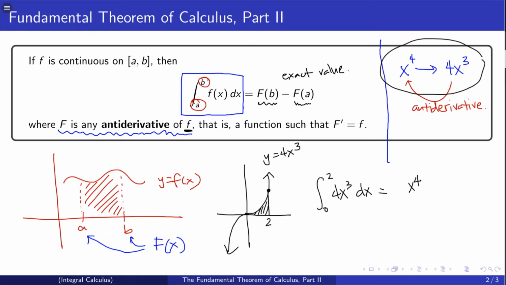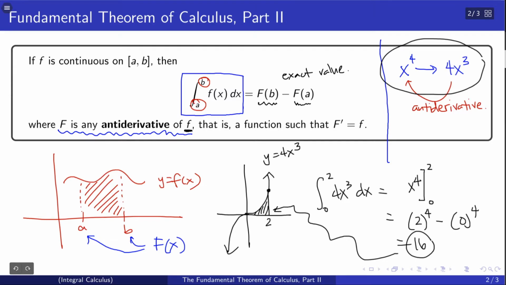So the way we represent that is by putting a vertical line or a square bracket on the right, and then write the 0 on the bottom and the 2 on top. And this means simply that we're plugging into the function x to the fourth power, plugging in 2 and 0 and subtracting, getting 16. Right? And so 16 here is the area under the curve of 4x cubed.